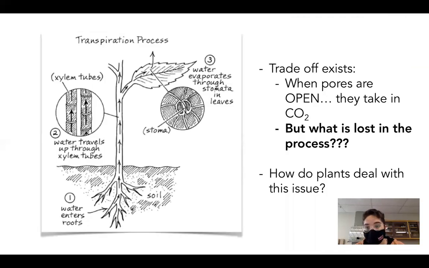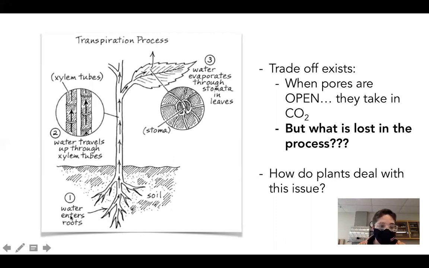But there's a trade-off that happens. When the pores are open, they take in CO2 and release O2, but something else is lost in the process as well, and that is water.